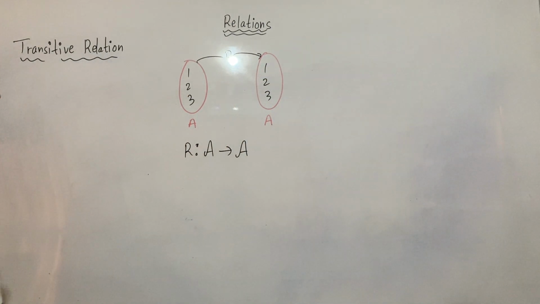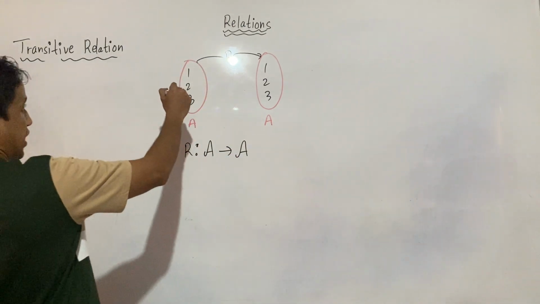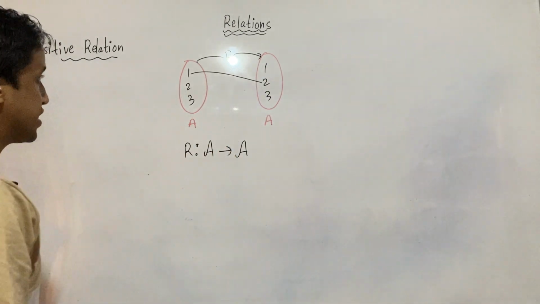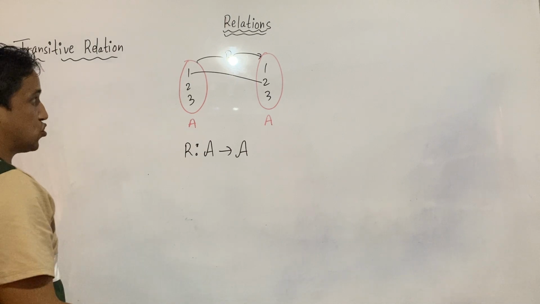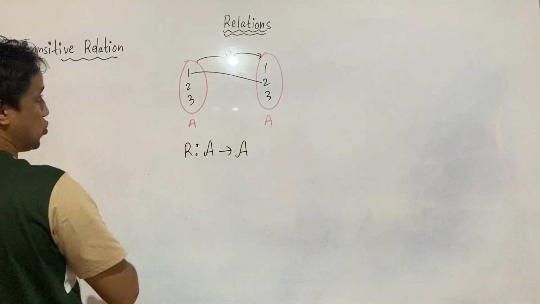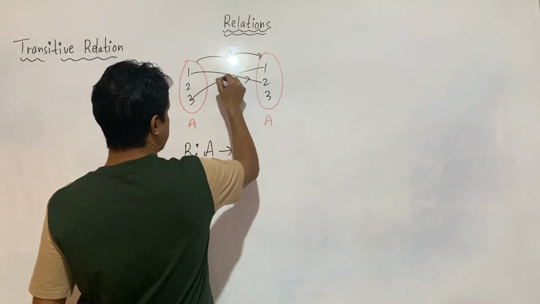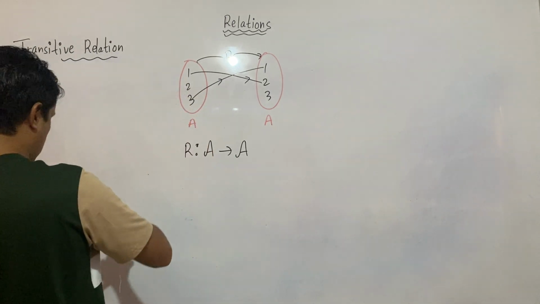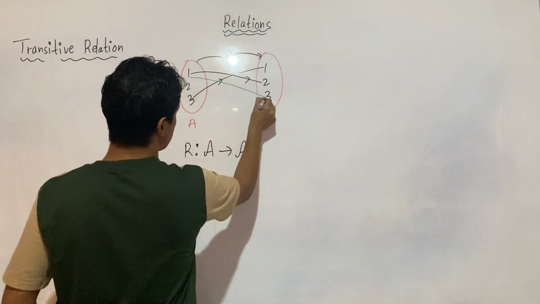Okay, now see here what it says. It says that if A is related to B and B is related to C, it means that if 1 is related to 2 and 2 is related to 3, then 1 must be related to 3.